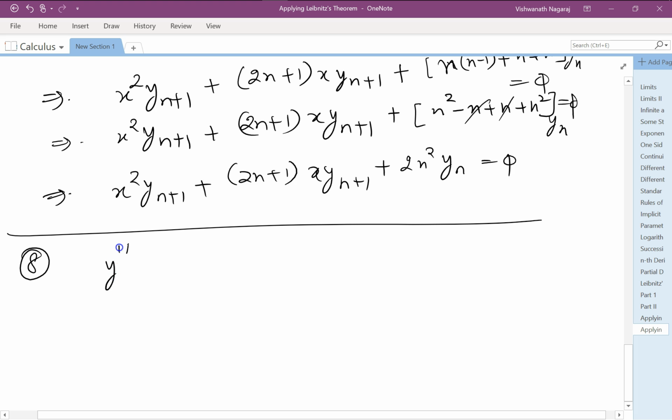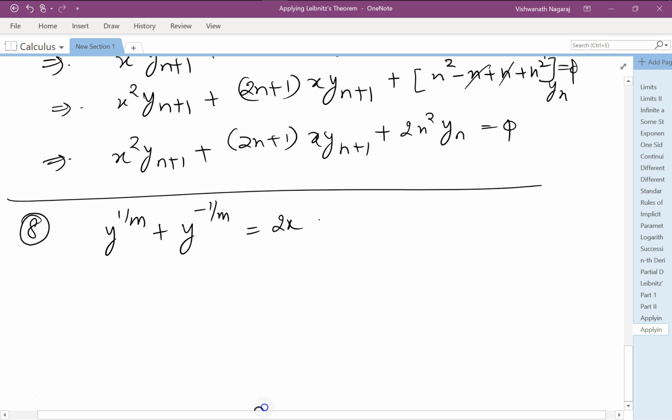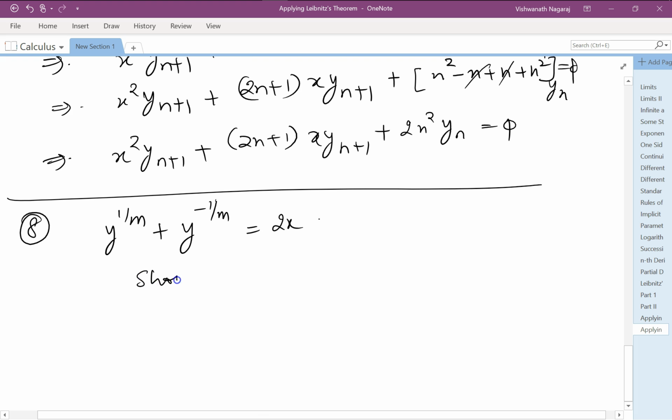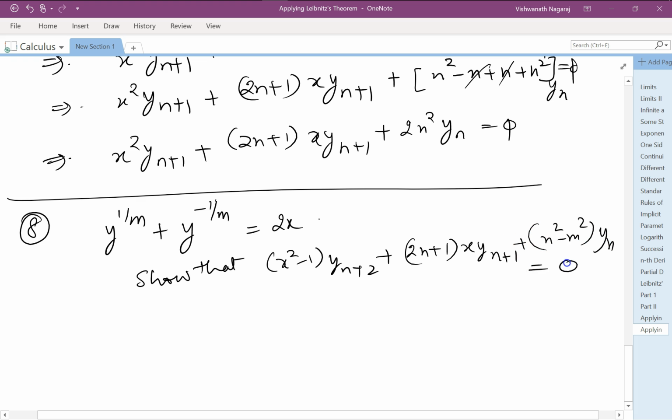y to the power of 1 by m plus y to the power of minus 1 by m is equal to 2x, and based on this we have to show that x square minus 1 yn plus 2 plus 2n plus 1 xyn plus 1 plus n square minus m square yn equal to 0.